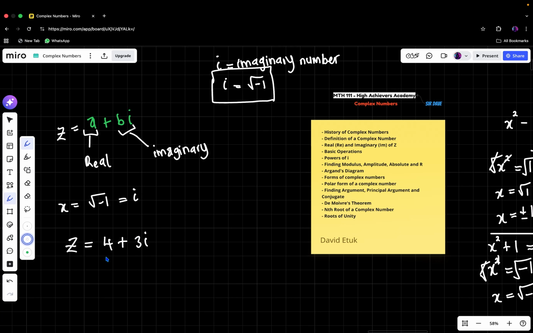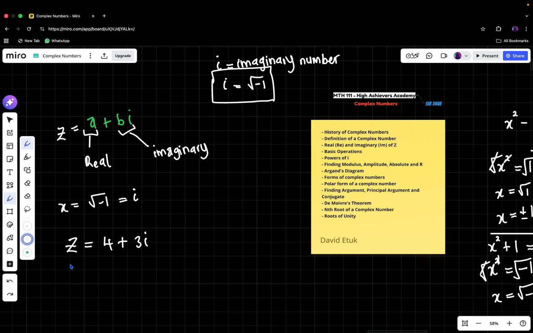A complex number consists of a real part and an imaginary part. Now, how do you know which part is real? How do you know which part is imaginary? You simply look at where your i is positioned. Where your i is means it is an imaginary number. So 3i, this is the imaginary part of the complex number z.